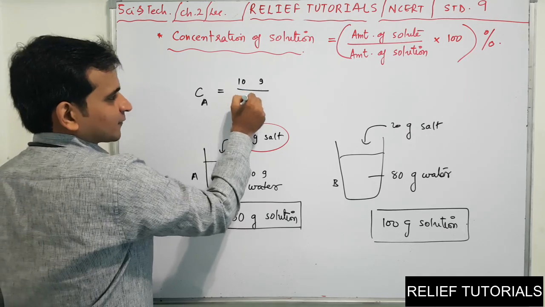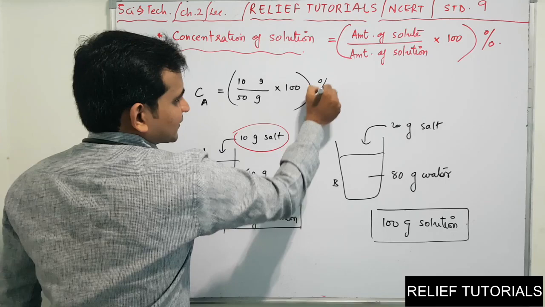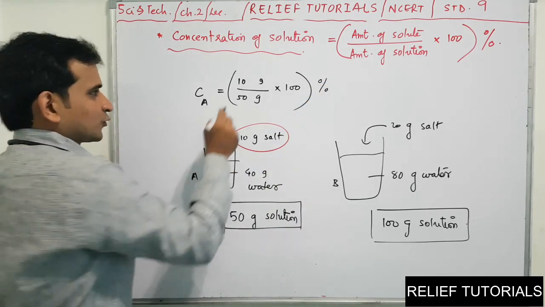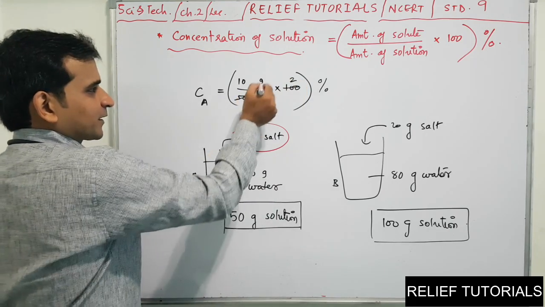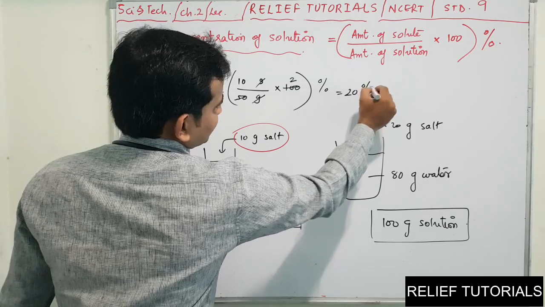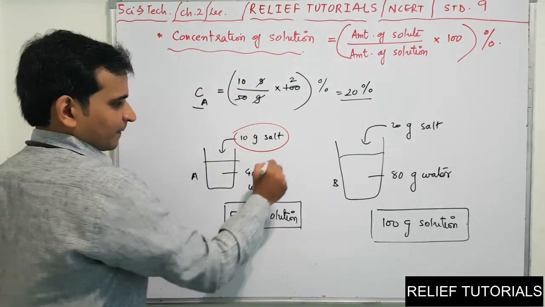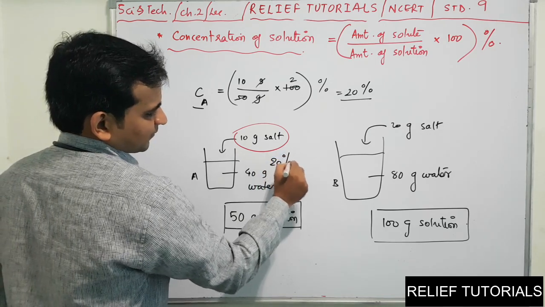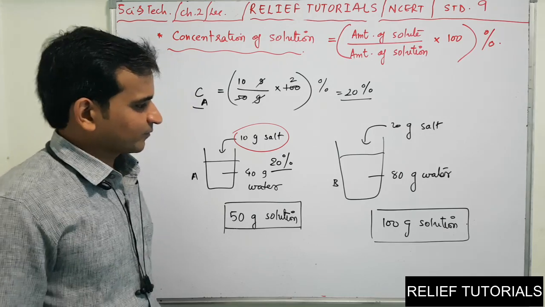It is 50 gram, and into 100, that will be the percentage. So here, 50 twos are 100, gram cancelled, so 10 twos are 20 percentage. So the concentration of A is 20 percentage. So this has 20 percentage concentration.